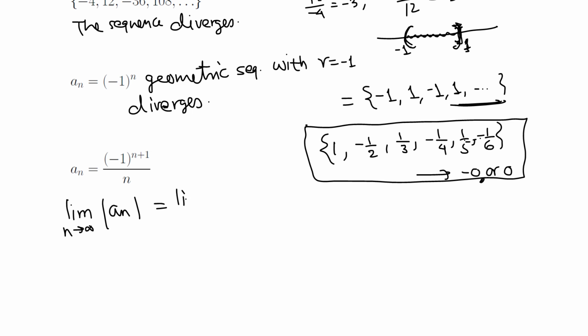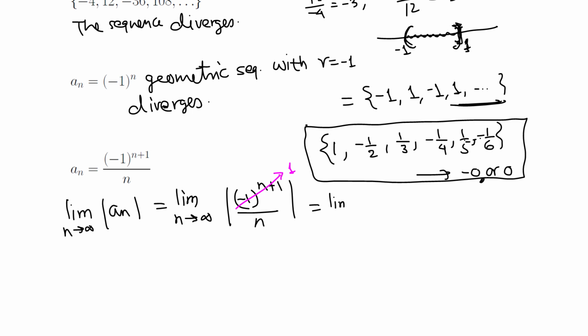The absolute value will make every term positive. So -1 raised to n plus 1, which is +1, -1, +1, -1, with absolute value is always 1.